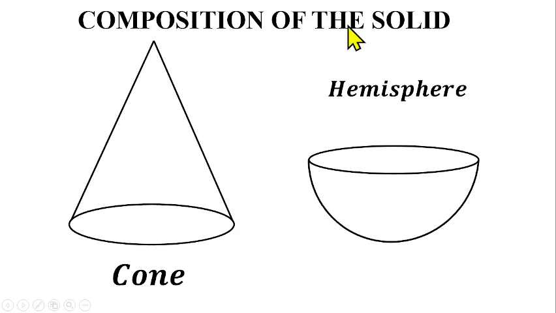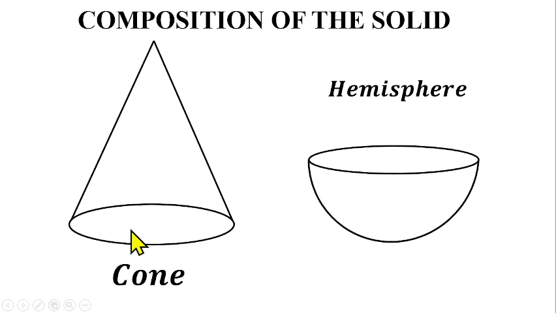A hemisphere is half of a sphere. When you divide a sphere into two equal parts, you have a hemisphere. So this cone is placed on top of this hemisphere, which means the circular base of the cone will sit upon the circular top of the hemisphere.